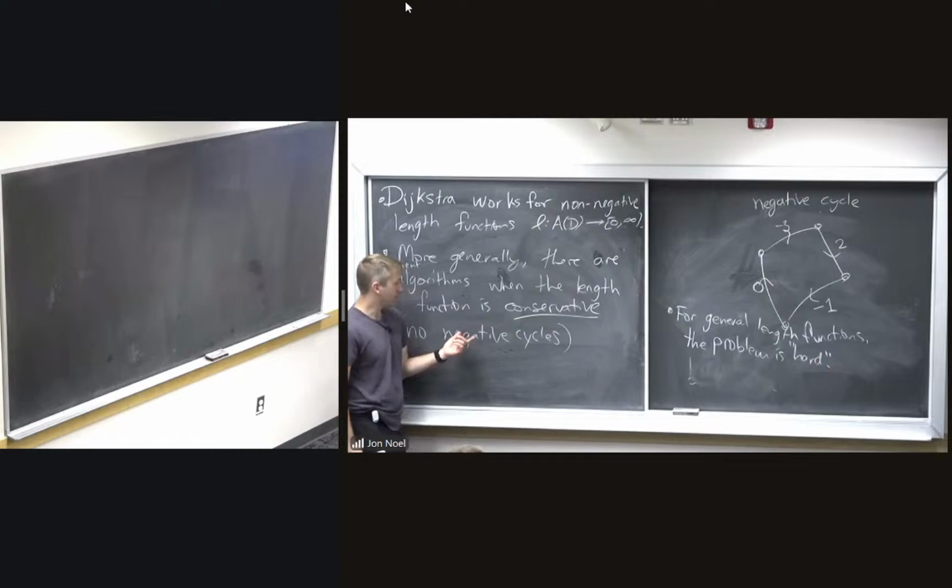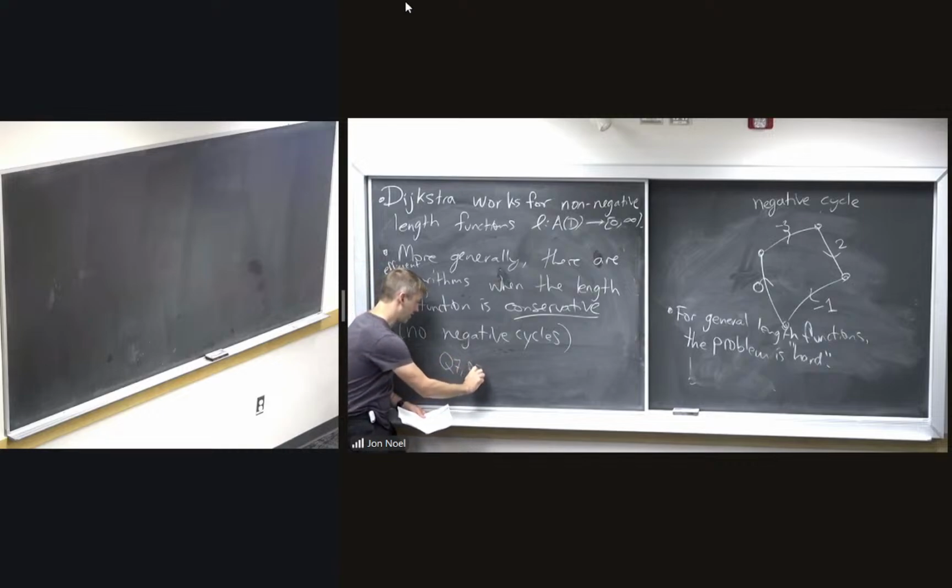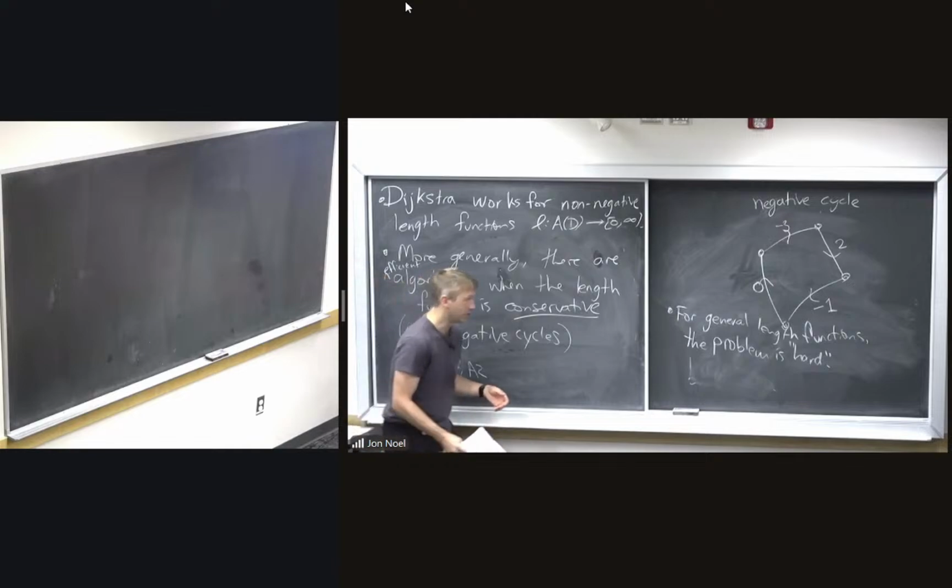And by the way, on your assignments, on question 7 of assignment 2, you'll prove that if you have conservative length functions, there's a polynomial time algorithm by reducing it to linear programming, which we'll talk about soon.